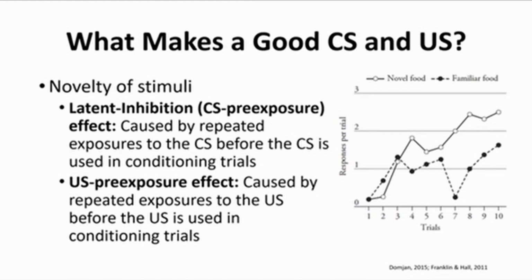And before we started pairing the tone with the presentation of food, we would just play the tone over and over again to the dogs without pairing it with meat. So that pre-exposure is happening before the classical conditioning would happen. And it ends up actually leading to habituation.